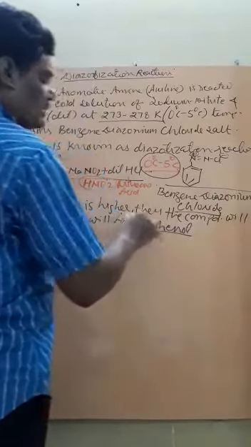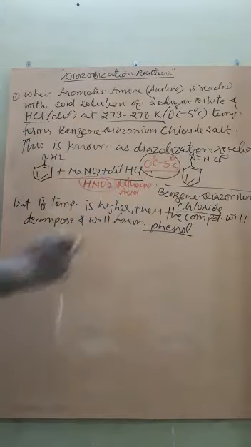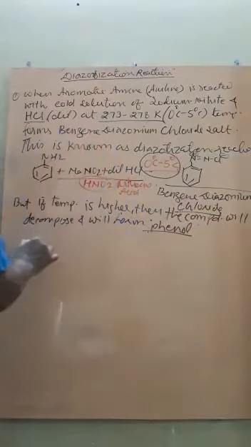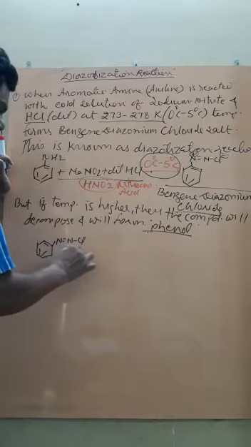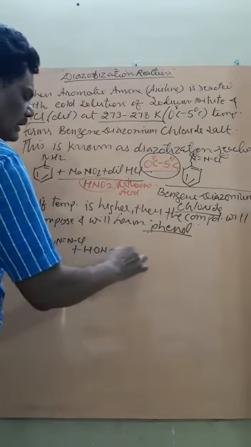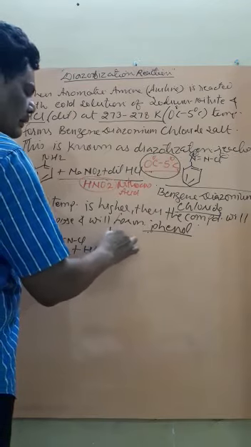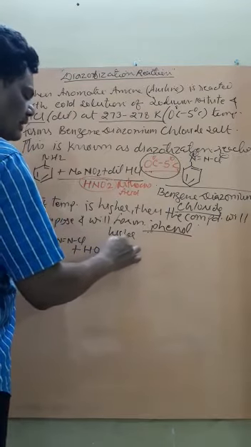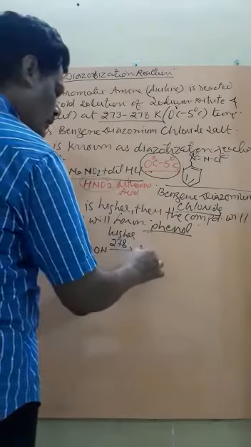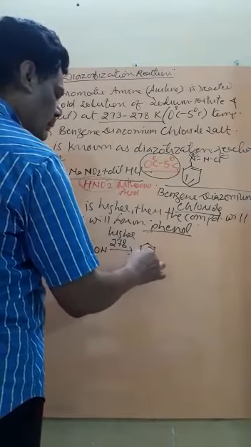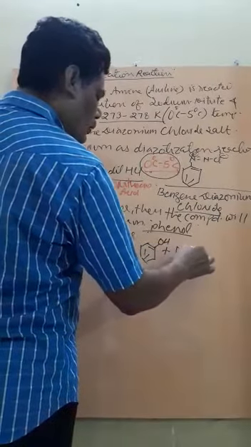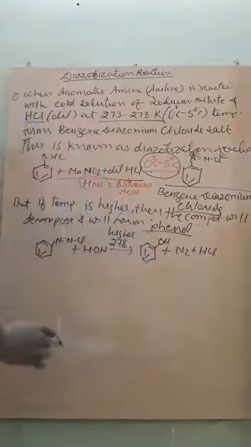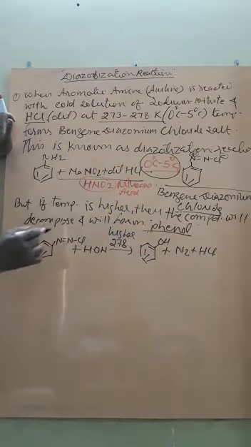This question is asked in the first unit exam. This is benzene diazonium chloride salt, plus HOH, at a temperature higher than 278 Kelvin. Then this compound gets decomposed and forms phenol plus N2 plus HCl. So this is the difference.